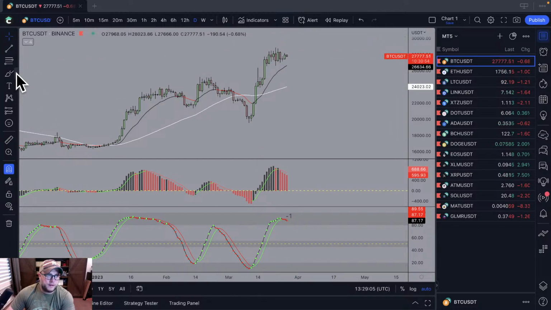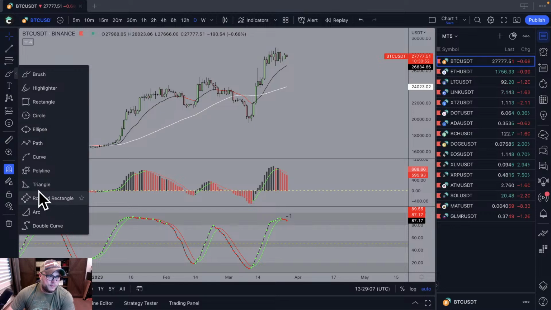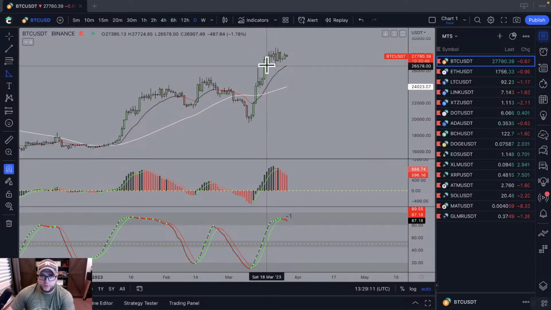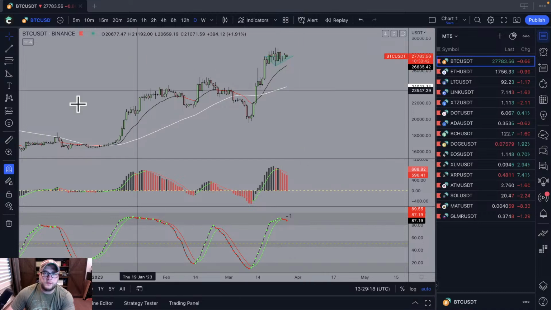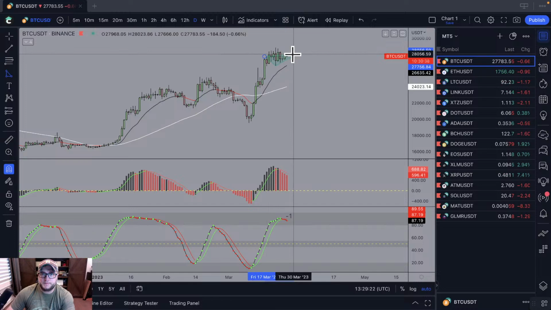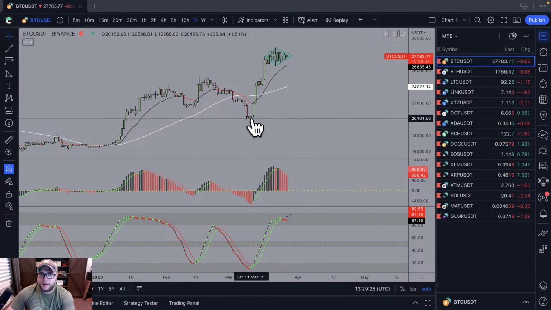We have what looks like a diamond. Let's see if I can draw one of those. That's a diamond pattern. That means that we're probably going to head back down.